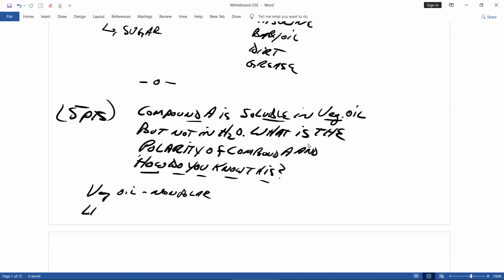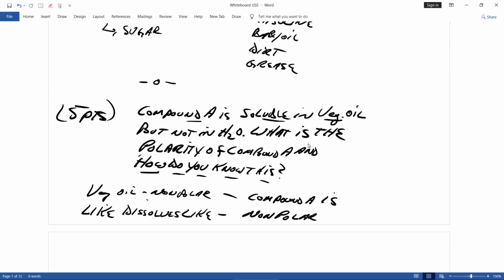And because like dissolves like, because of this, it tells me compound A is nonpolar. And that's how, now if compound B were soluble in water, but not in baby oil, you would know compound B would be polar. So that's how you use like dissolves like.